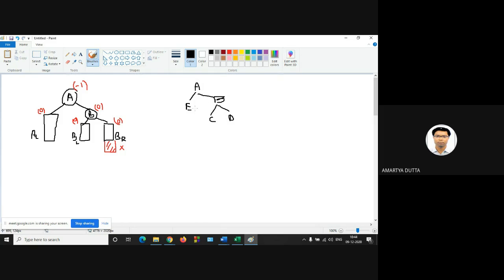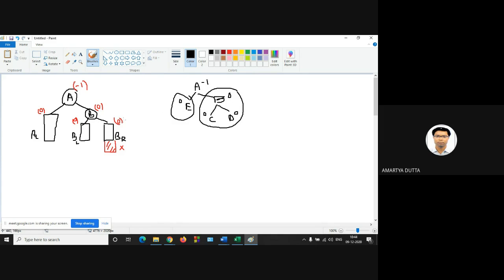For C and D, the balance factor is 0, for E it is 0, for B it is 0. And for A, as the height of the right subtree is greater than the height of the left subtree, this will be minus 1. Is it clear to you?